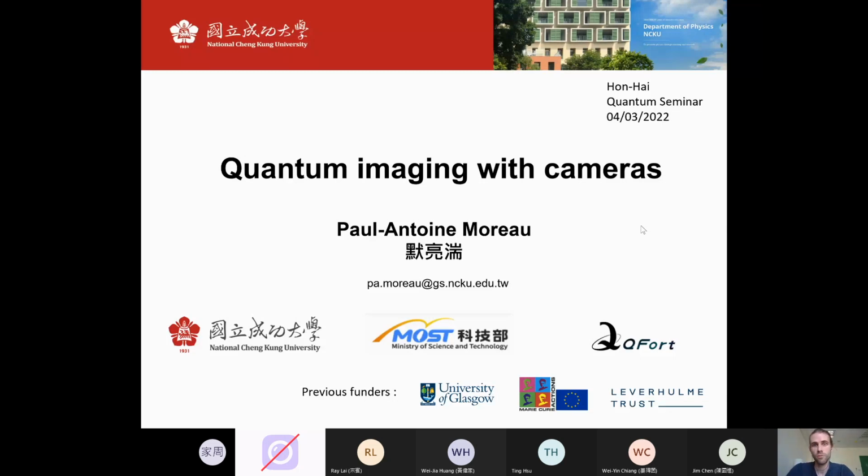The first and most obvious is definitely linked to this quantum sensing side of quantum technology. And it is to try to improve imaging, to basically improve the quality of images.